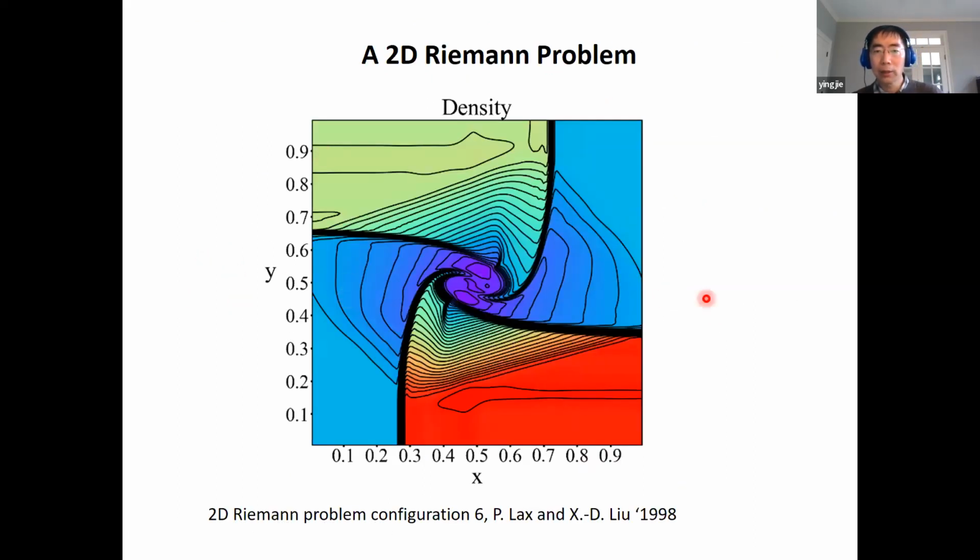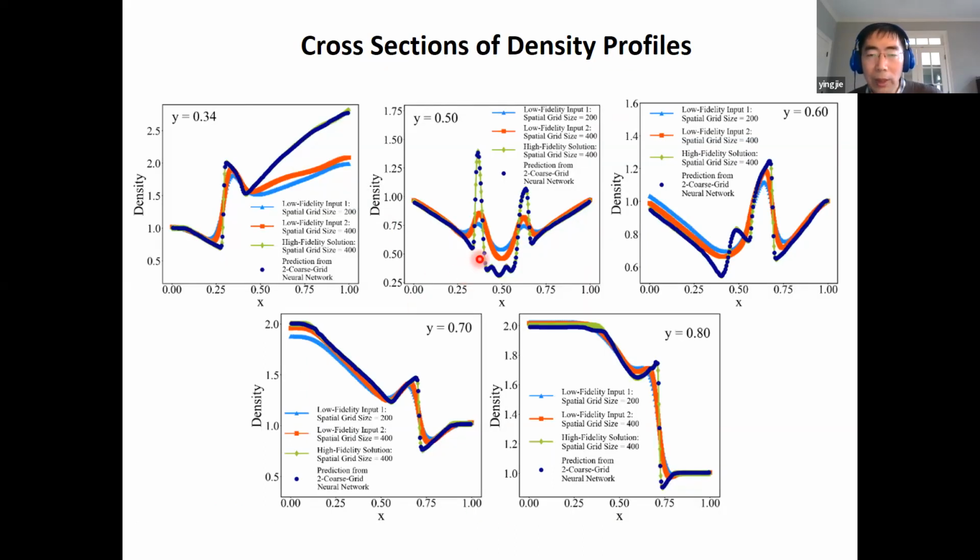So we slice it here and examine the density. You can see the light blue and the red input are pretty bad, the amplitude of the input misses a lot. But the prediction, the dark blue, is very good. It captures the green one very well.